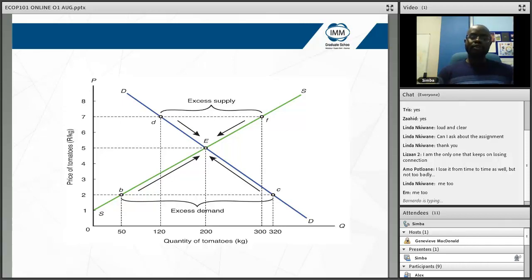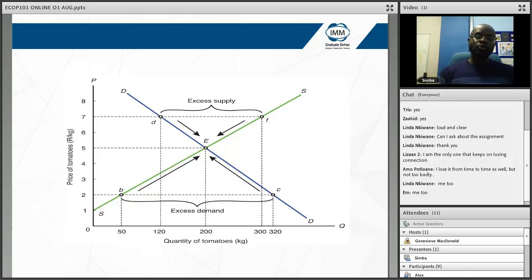Let's say the maximum price is 2 rand. Now the market forces can no longer operate because this is a rule that the government has put in place. So now we have shortages in the market. Now rationing comes, trying to allocate the few goods that have been produced. The market mechanism will no longer apply whenever there's government intervention.